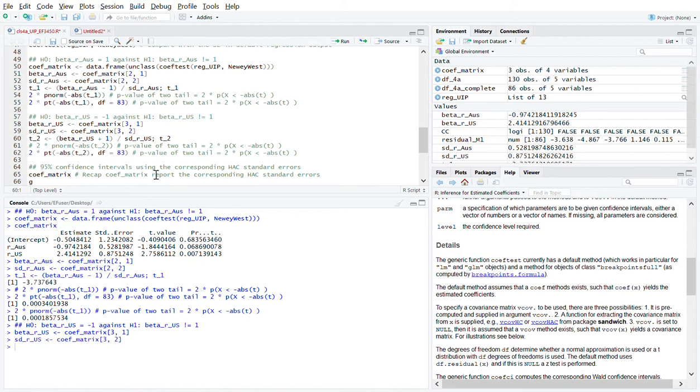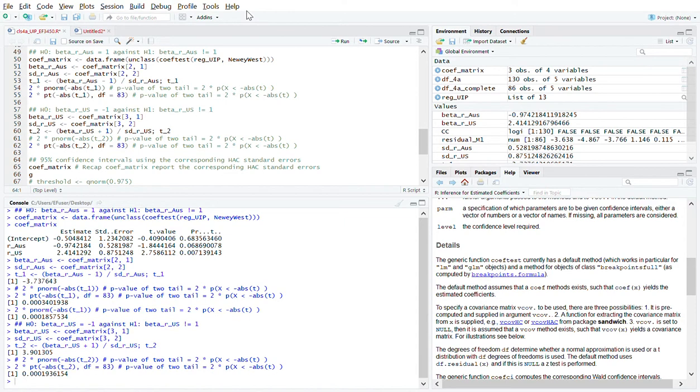The hypothesized value is -1, so it's going to be a plus, and we can see that the corresponding test statistic is 3.9. If we generate the two-tailed p-value, it's again going to be very small, way smaller than 5%, so we can reject the null hypothesis at the 5% significance level.